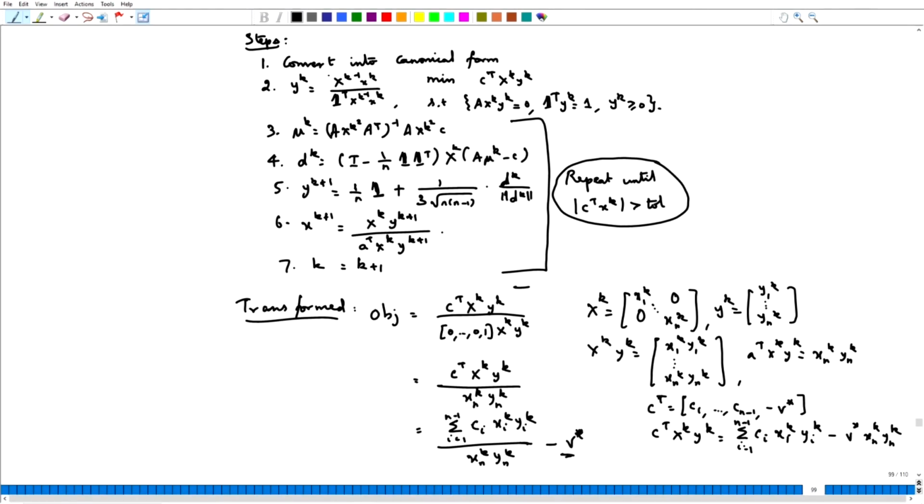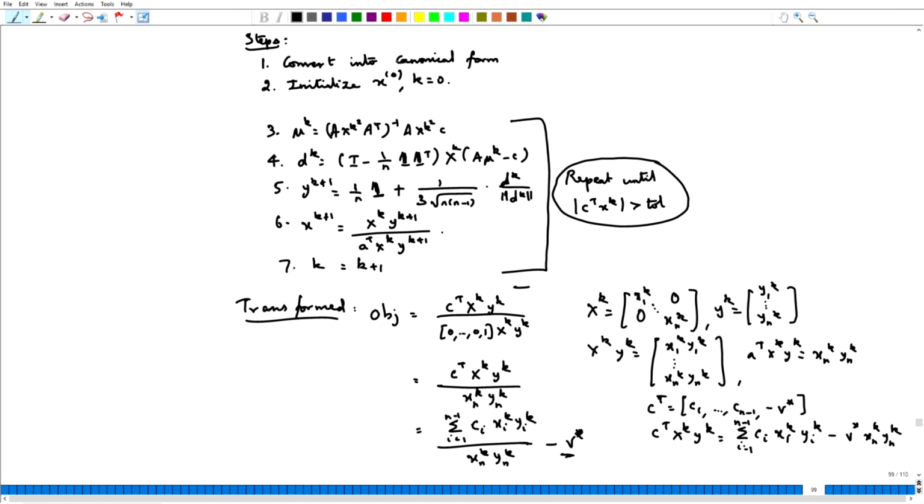So, going through it once more. You are first converting the given problem to canonical form, then this step is mathematical. I need not have written this. So, here I will replace this with initializations. So, you first initialize x0, of course k equal to 0.